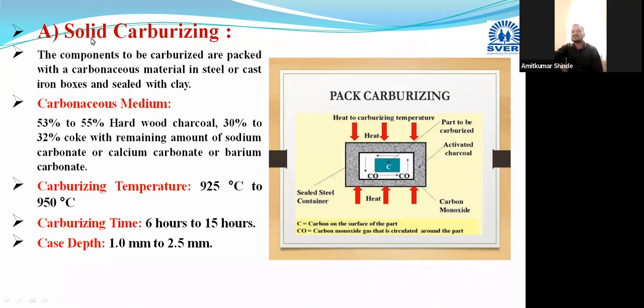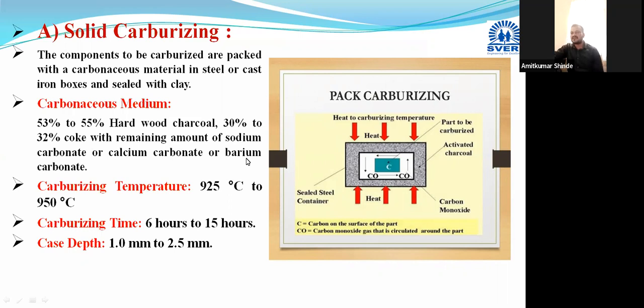Now, for conducting this solid carburizing, the generally used carbonaceous medium is a mixture of wood charcoal, coke, and a small amount of sodium carbonate, calcium carbonate, or barium carbonate.